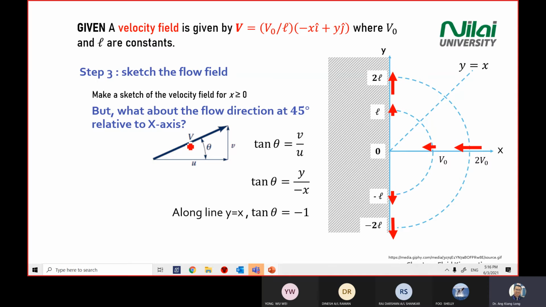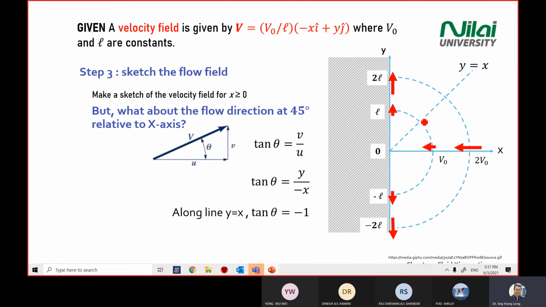So you have a diagram. Vector v can expand to u and v again. Recall tan theta equal to v divided by u. And by substituting the u and v equations that you extract from the velocity field, you arrive at tan theta equal to y divided by minus x. So along this line, tan theta is minus 1.